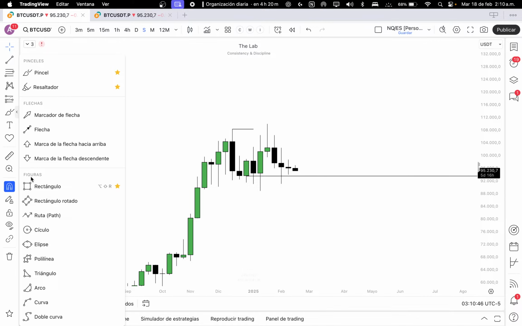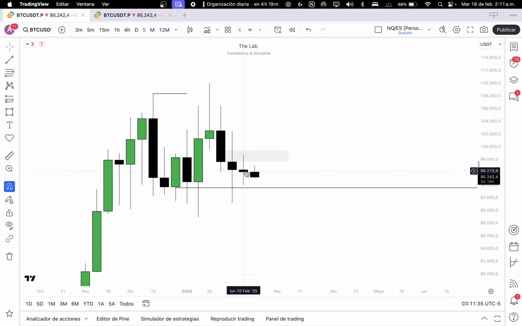So for this week, we are coming in the context of previous week's raid into this array and shifting structure here on the H4, okay? This is the day where we take 0.5 of this weekly gap, and now we are shifting structure here.